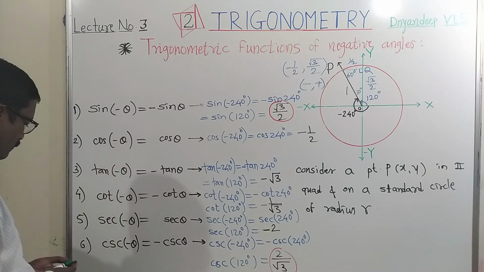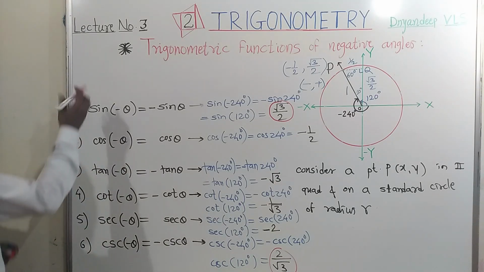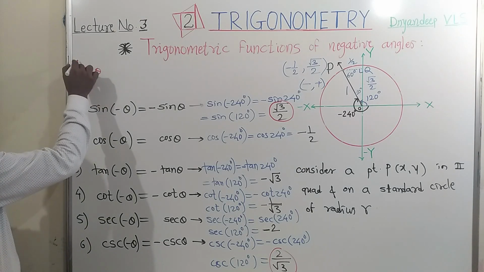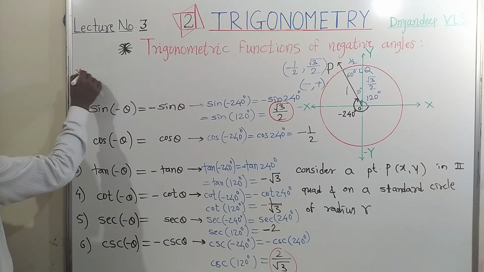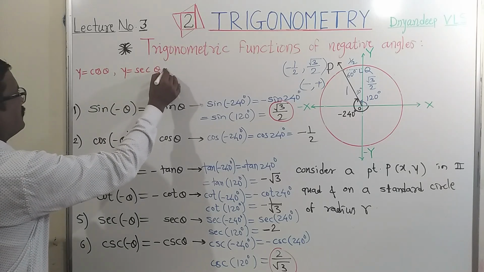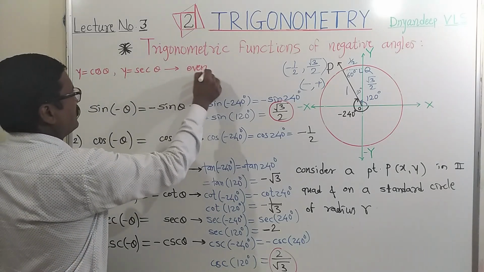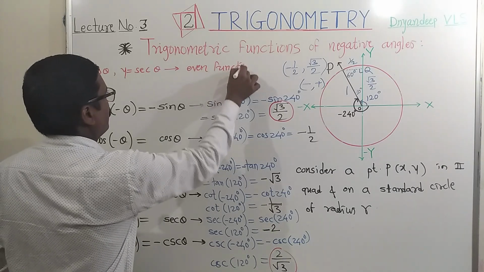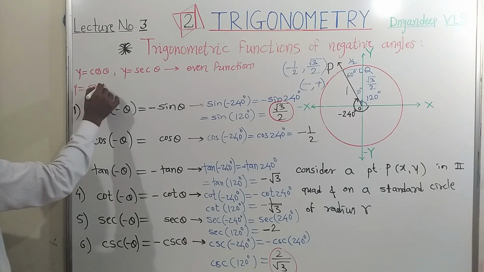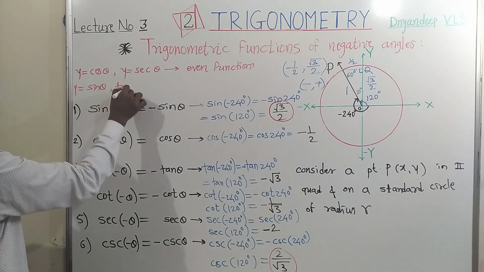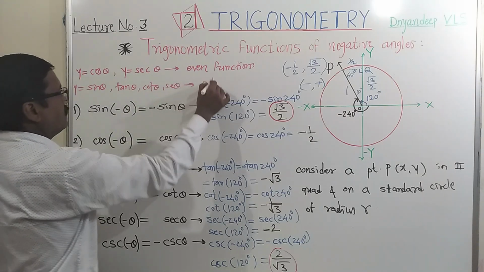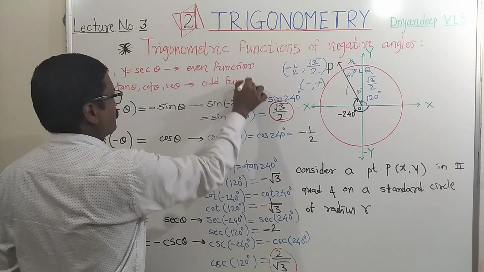From these formulae we can say that y equal to cos theta and y equal to sec theta are called even functions, and the remaining, y equal to sin theta, tan theta, cot theta, and cosec theta, are odd functions.